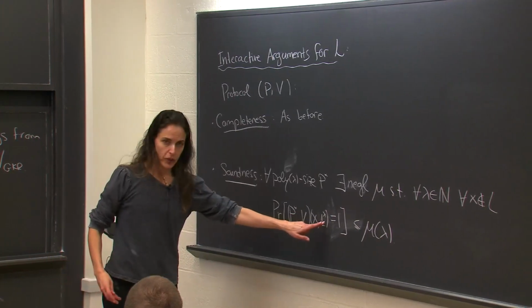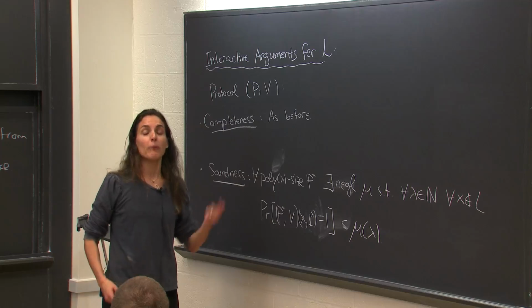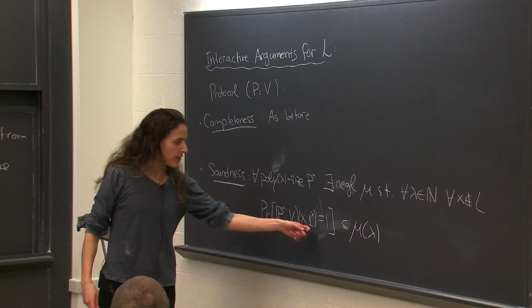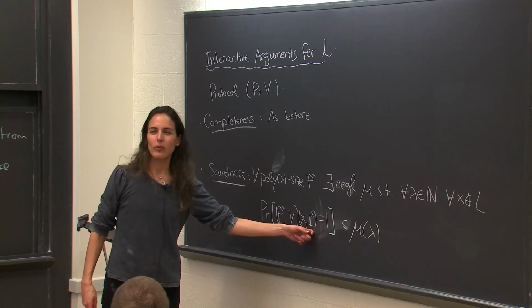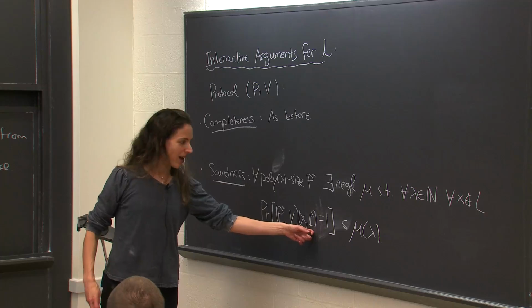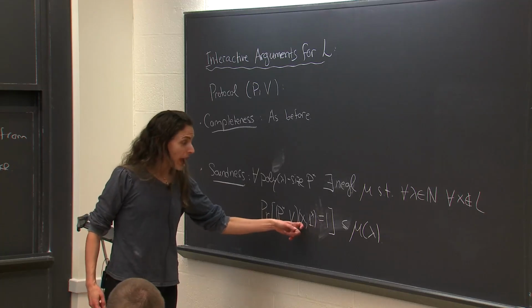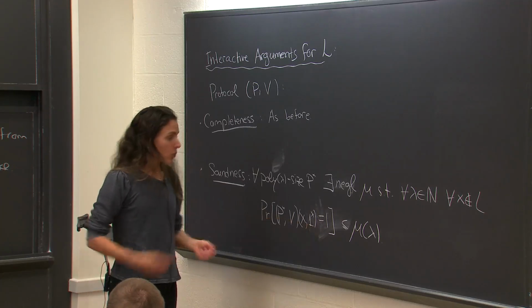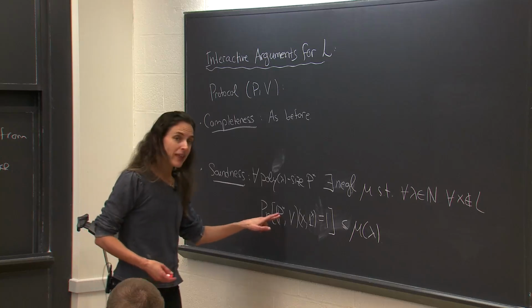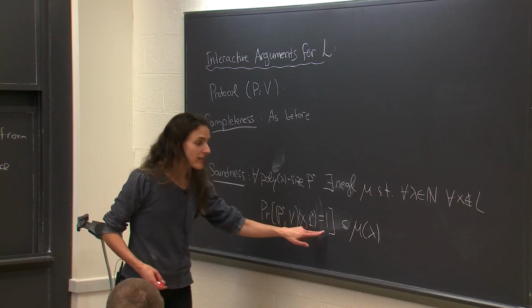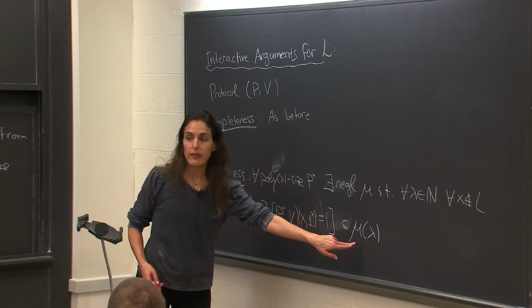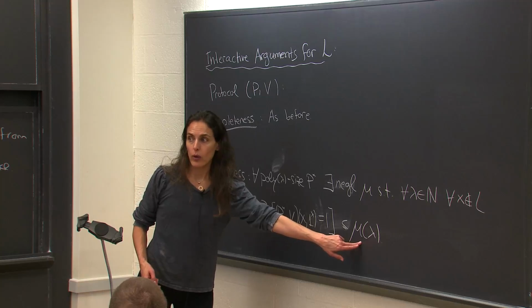Everybody knows the security parameter, and everyone runs in time polynomial in the security parameter. That's why we give it as input the security parameter in unary. So given an input x and security parameter, there's a protocol, and the probability that this cheating prover convinces the verifier to accept is this negligible function mu.